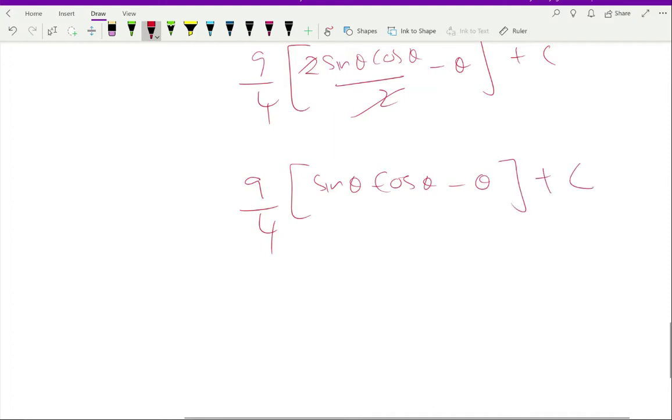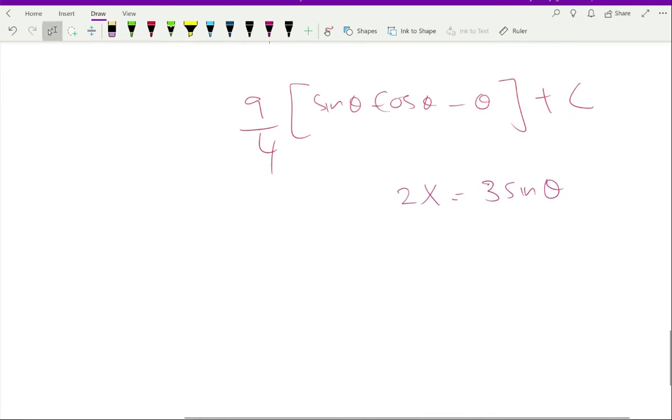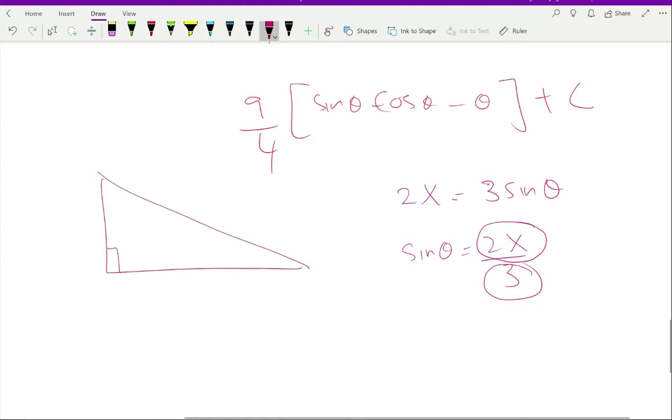Perfect. Now let's convert them into the x values, right? So what is the substitution? Remember, the substitution is 2x is equal to 3 sine theta. Now what we can do is divide by 3. So sine theta is 2x over 3. So this is the opposite side, this is the hypotenuse. If you use that triangle, the opposite side is 2x, 3 is the hypotenuse, so let's call the missing side c.